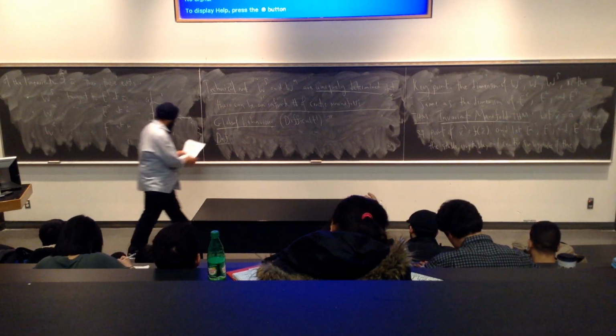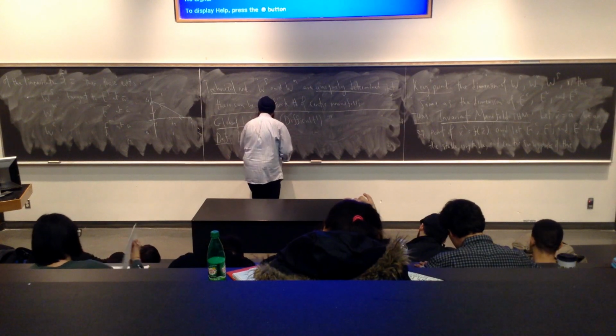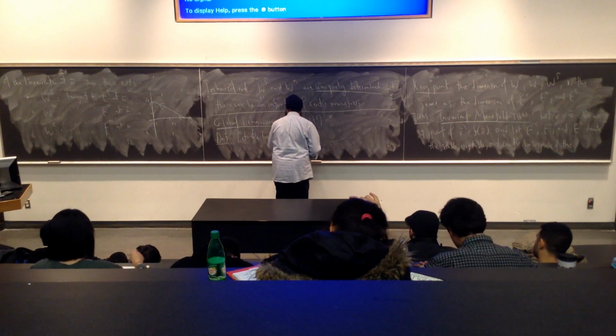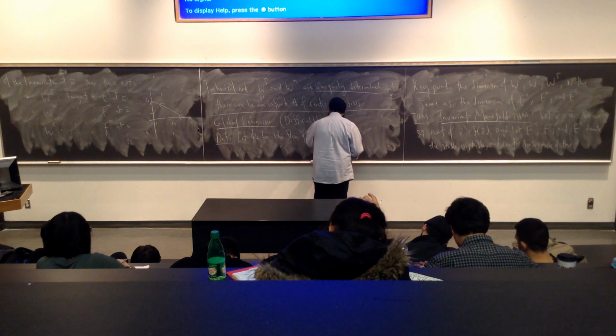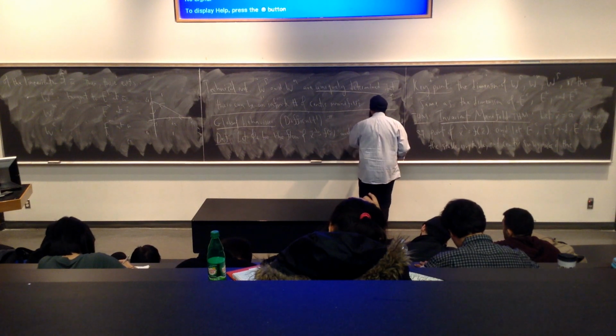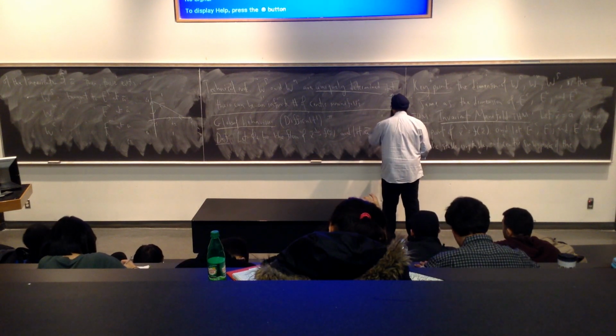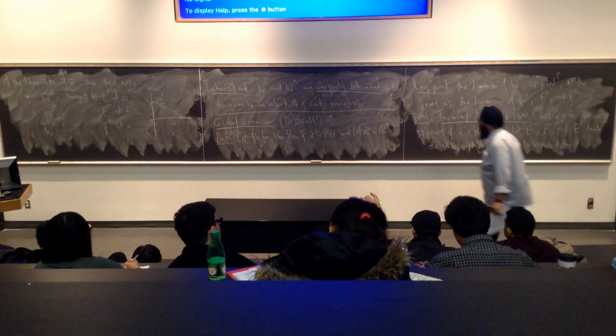Okay, so let phi t be the flow of the system. And let A just be some point. Not necessarily an equilibrium point, let's just say it's some point in your space.